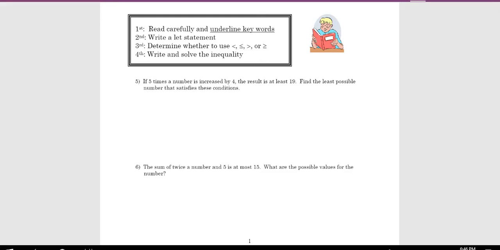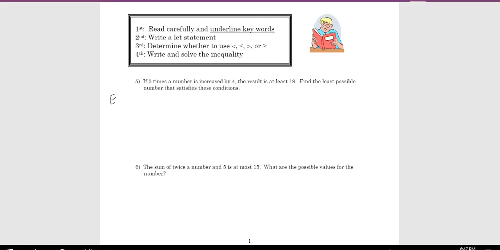So let's look at number 5. If 5 times a number is increased by 4, the result is at least 19. Find the least possible number that satisfies these conditions. So I know it's a bunch of words, but we can do just a quick example of a number. Let's pick any number.